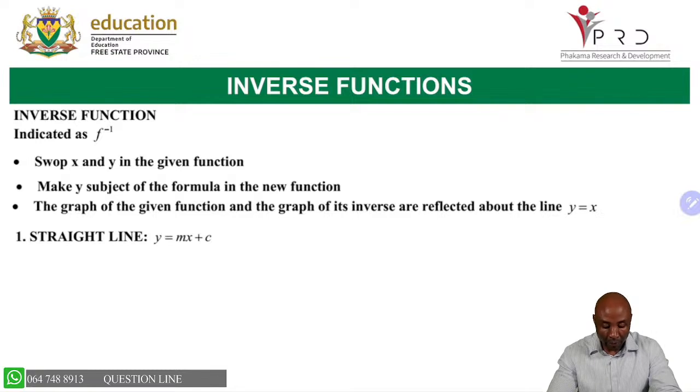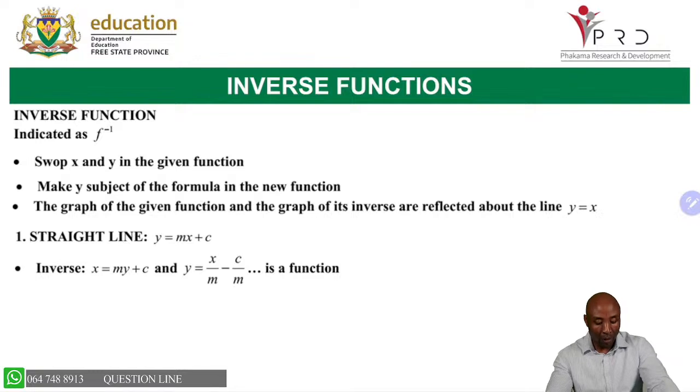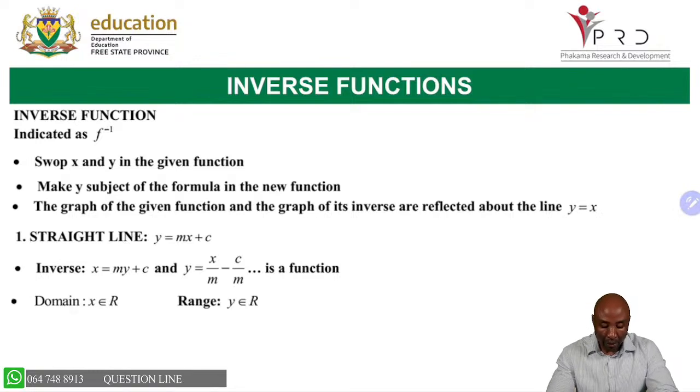Now, for a straight line, we have y is equal to mx plus c. We interchange x and y, and we'll get y is equal to x over m minus c over m. And the domain, its x is an element of real numbers. The range, its y element of real numbers. But if we have a restricted domain, whatever is the domain becomes the range for the inverse function. Whatever was the range for the original function becomes the domain for the inverse function. Remember that?